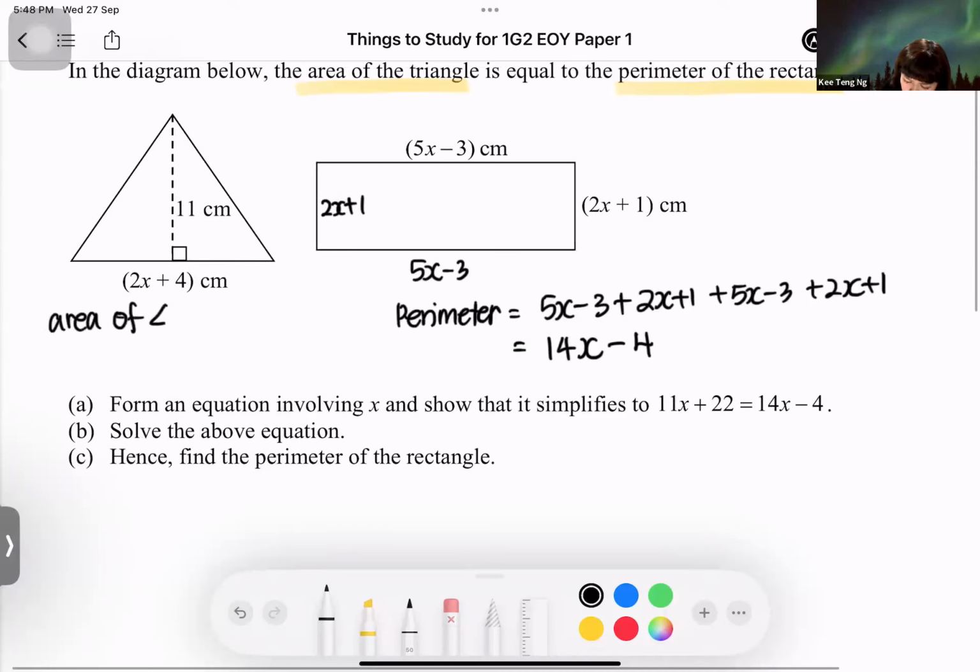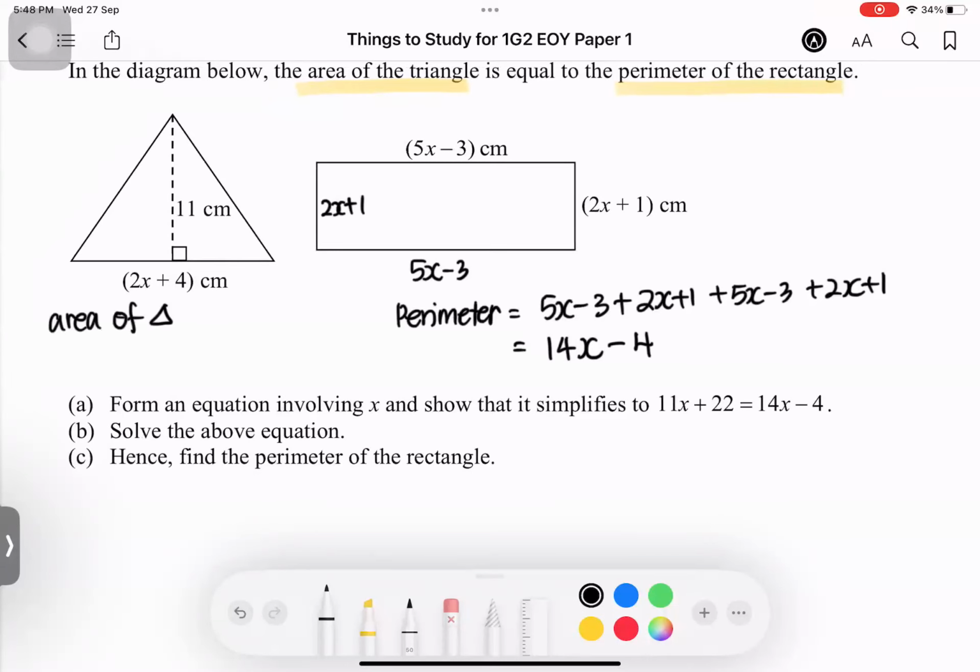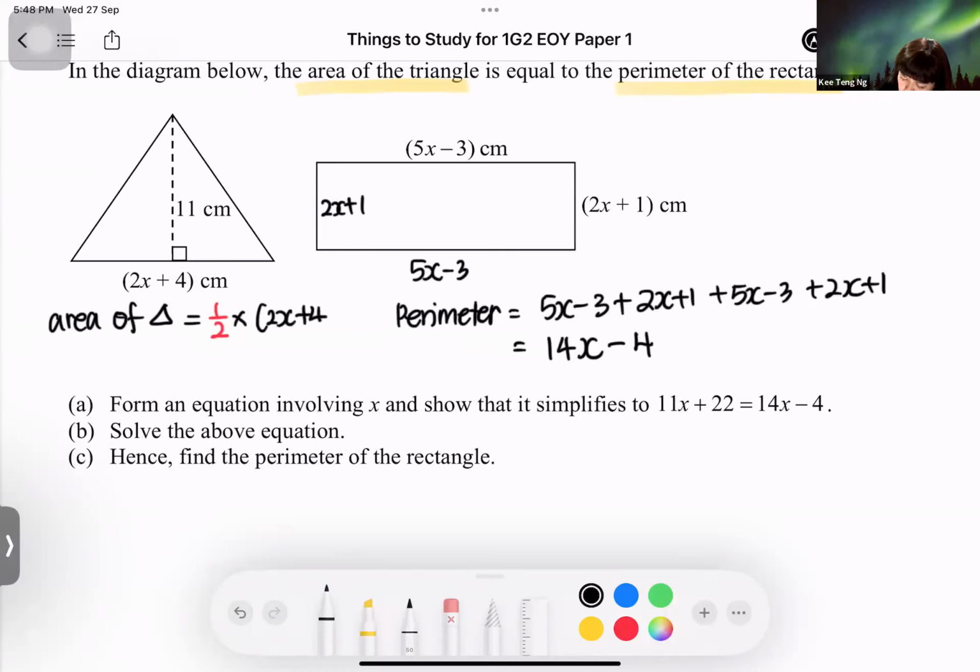Next, let's find the area of the triangle. How to find the area of a triangle? Half times base times height. The base is 2x plus 2, the height is 11.